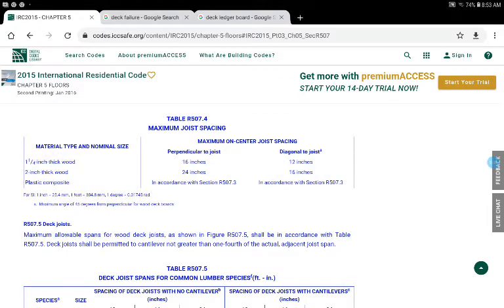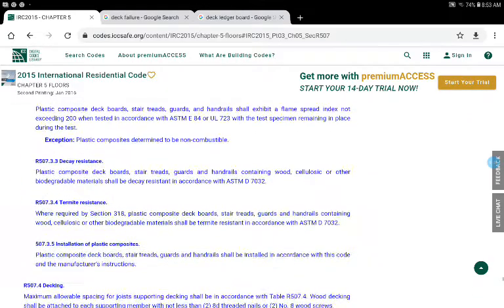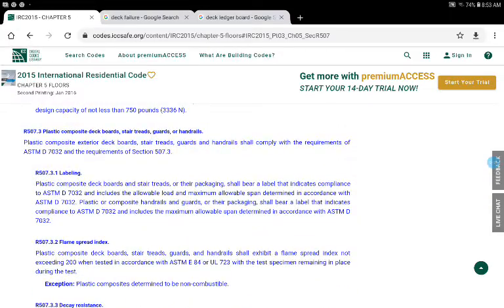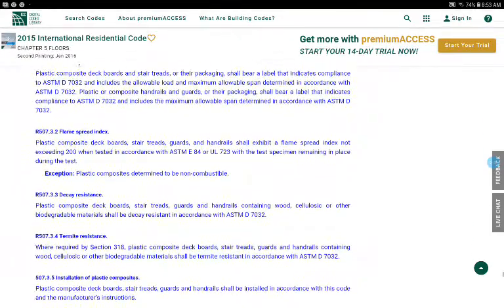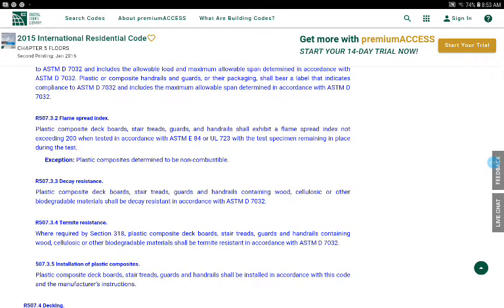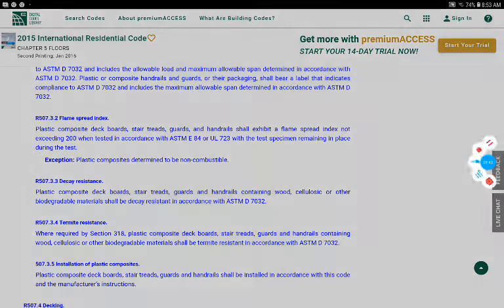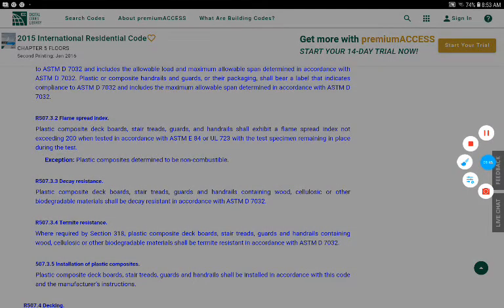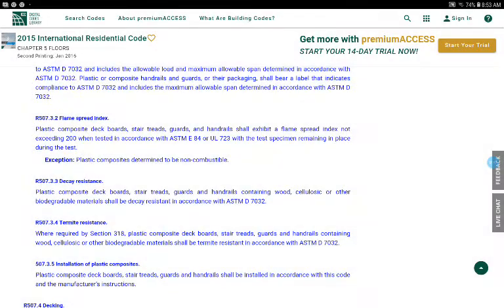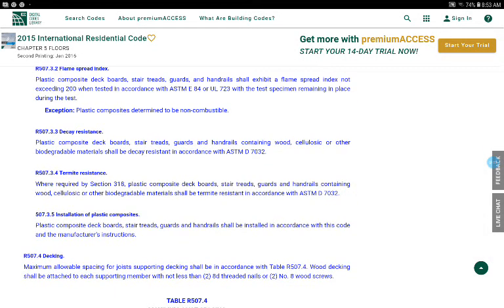Okay, the third option is composite. It tells you to look at the codes up here. These codes above this are all about composite, some of which aren't really too much of concern because the flame index and stuff like that is pretty well taken care of by your manufacturer. But at termite resistance, plastic boards and stuff are typically pretty good when it comes to termite resistance, but not always.